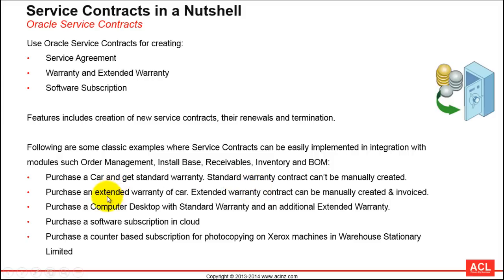On the contrary, you can create an extended warranty service contract in the service contracts module, and that can be invoiced via the receivables module. So there are two ways one can create an extended warranty. You can directly create it in the order management module as a sales order line, which is attached to the item which you have previously sold, and then you can invoice the extended warranty via the receivables module.